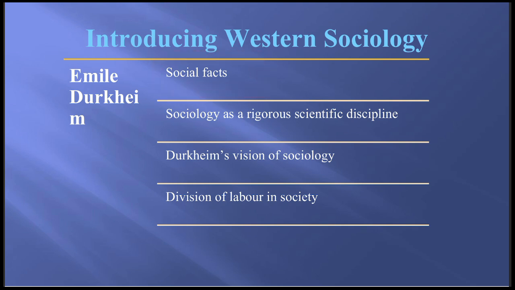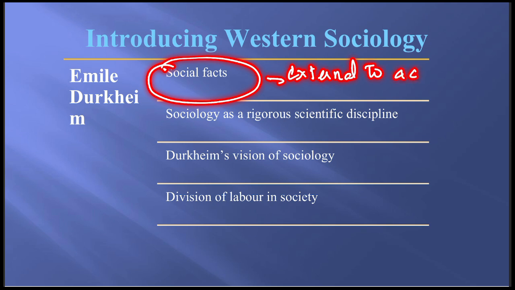So let's look at social facts as per Durkheim. Society for Durkheim was a social fact, and the discipline of sociology should be understood as the empirical study of social facts. So, what are social facts? Well, social facts are things that are external to the actor and also coercive of the actor.